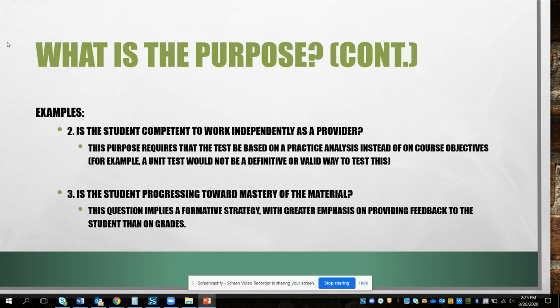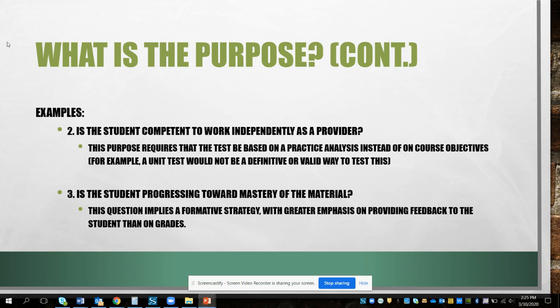Now, example 2 is, is the student competent to work independently as a provider? And this purpose requires that a test be based on a practice analysis instead of on course objectives. So, for example, a unit test would not be a definitive or valid way of testing this. And obviously, this is high stakes.